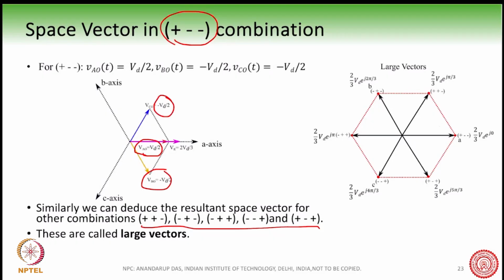Then you can do a vector addition, and you will find that we are now at the boundary or the corners of the hexagon. So these 6 combinations will make these 6 space vectors, right?